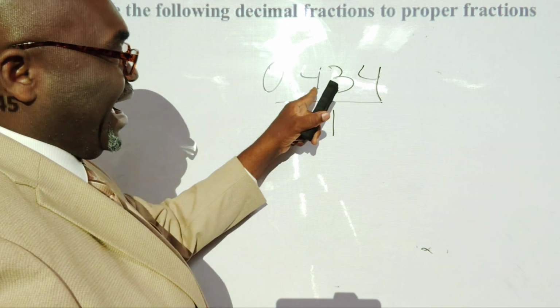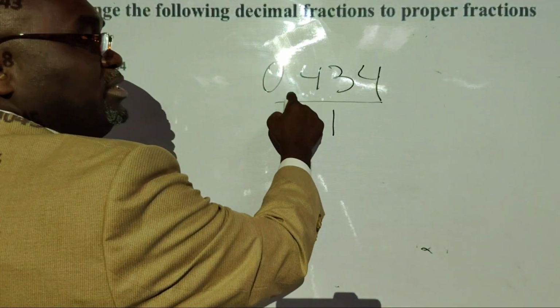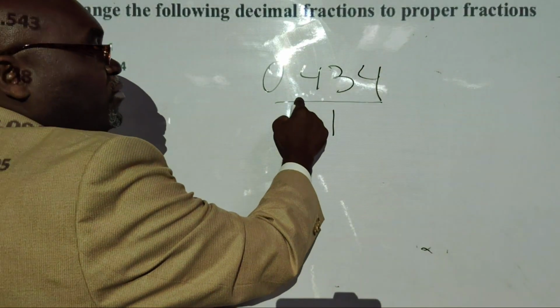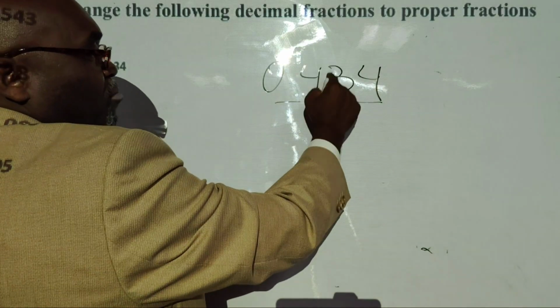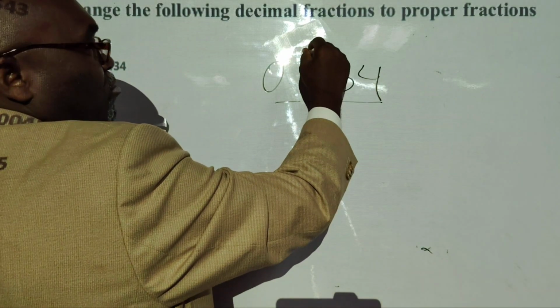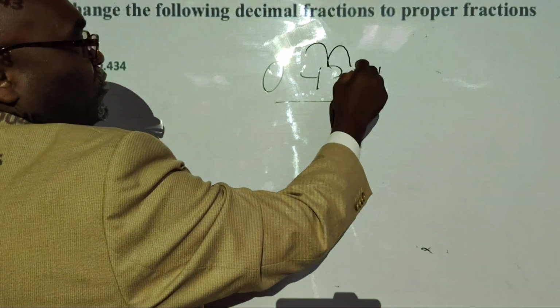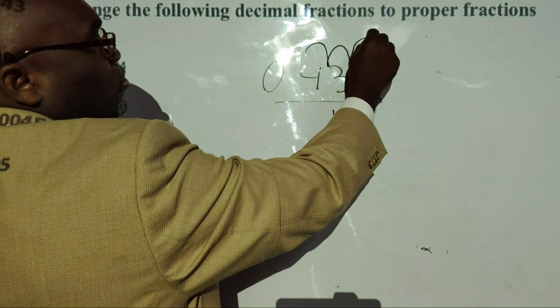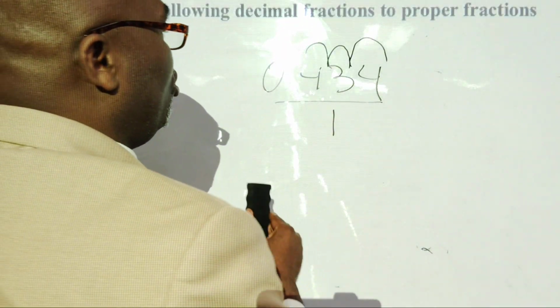I have to get rid of this decimal. To get rid of the decimal, I need to multiply by 3 zeros. The first zero moves the decimal one place, the second zero moves it another place, and the third zero moves it again. So it makes my number a whole number.